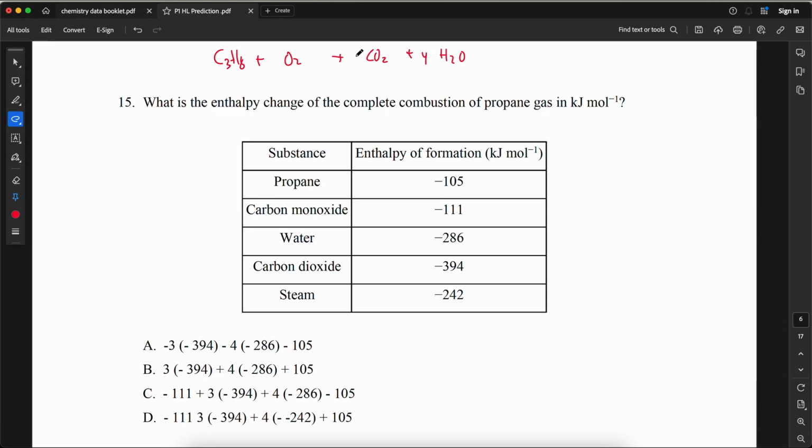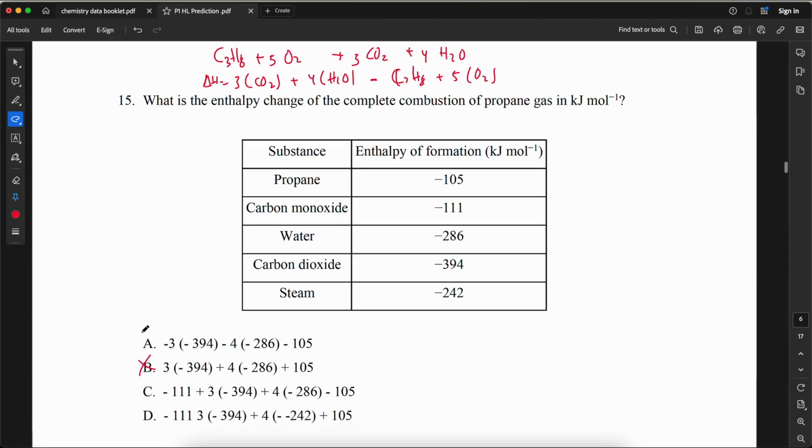This will be 4, this will be 3, and this will be 5. So delta H will be 3 times CO2 plus 4 times H2O minus C3H8 plus 5 times oxygen. So the answer would be B.